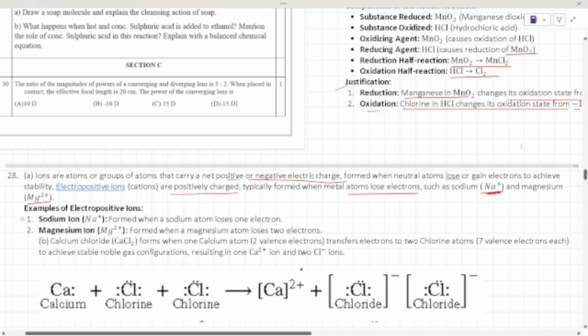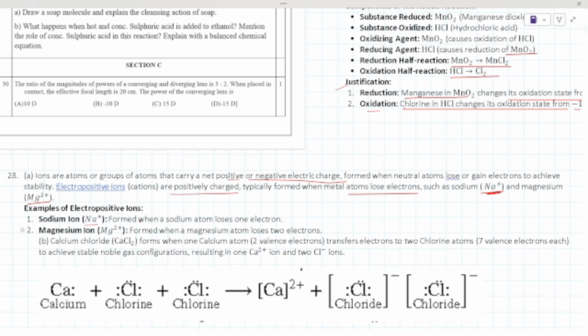As an example, sodium Na plus is formed when a sodium atom loses an electron, and magnesium Mg2 plus is formed when a magnesium atom loses two electrons. Is it clear?